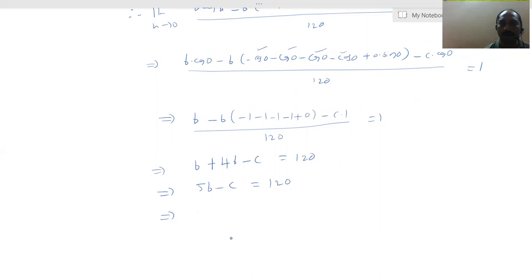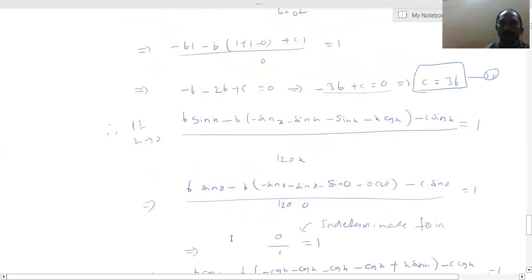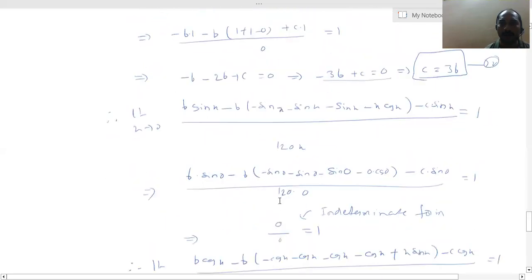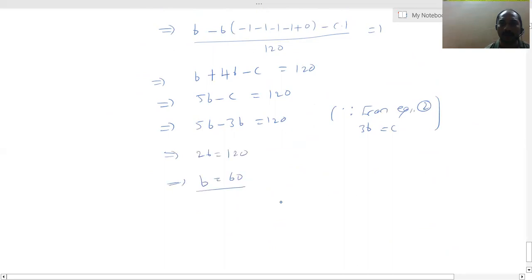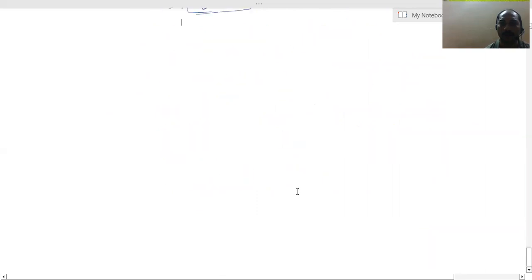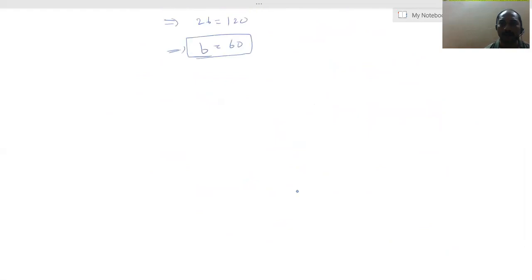Already we know c equal to 3b from equation 2. Substitute this value, we get 2b equal to 120. That implies b equal to 60. Substitute this value in the first equation.